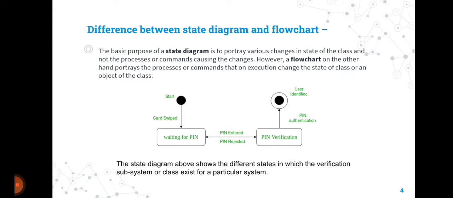If the pin is correct then it is verified, if it is not correct then the pin is rejected. The next one is pin authentication. The last state is user identified. If the pin is correct, the pin is verified and user was identified. This is a state diagram.